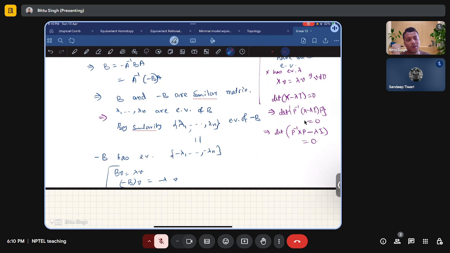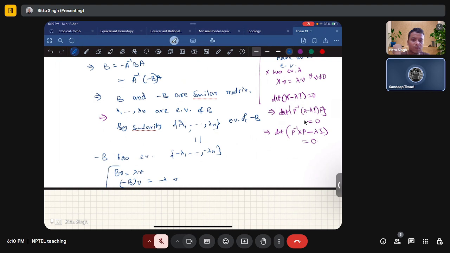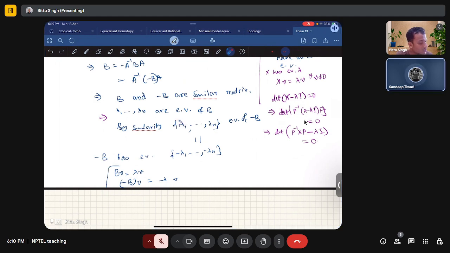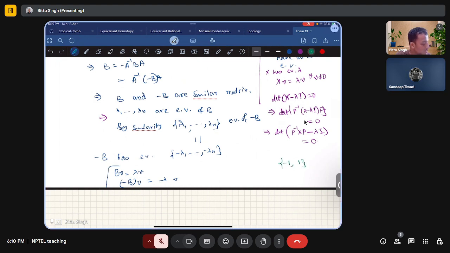But B and minus B are similar, so the spectrum should be equal. It may happen that, for example, the eigenvalues of B are minus 1 and 1, then the two sets are the same, but we cannot conclude from here.